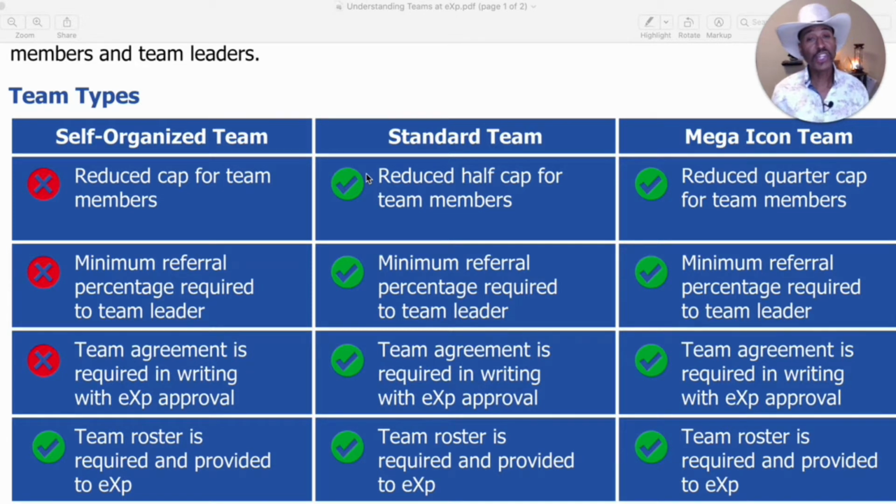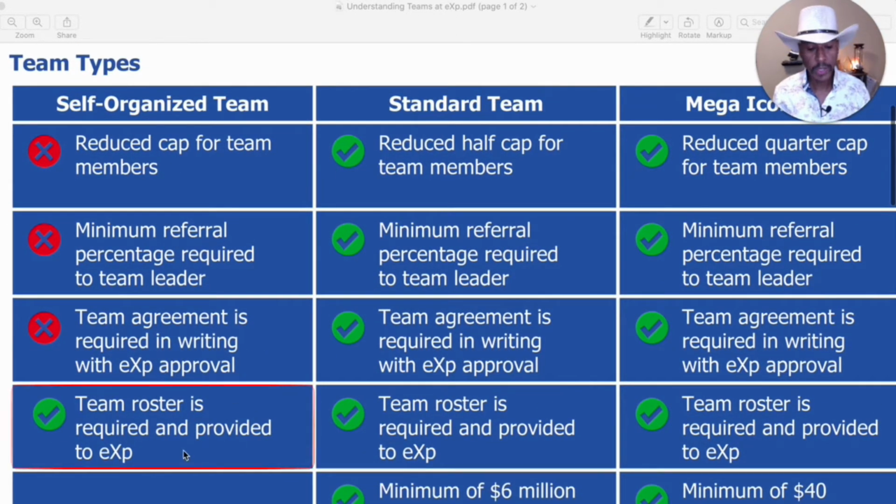As you enroll agents under you at eXp, they're enrolling on your team with whatever agreement you have with them, and they're able to use your team logo, etc. The only thing that is required is a team roster. You provide a team roster to eXp.